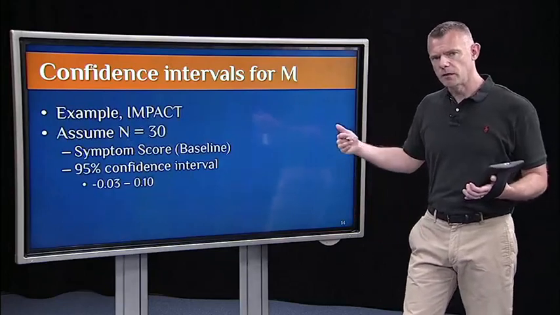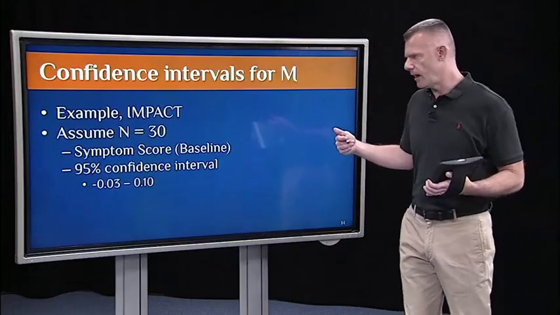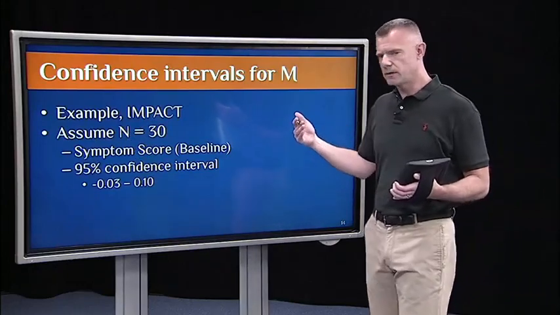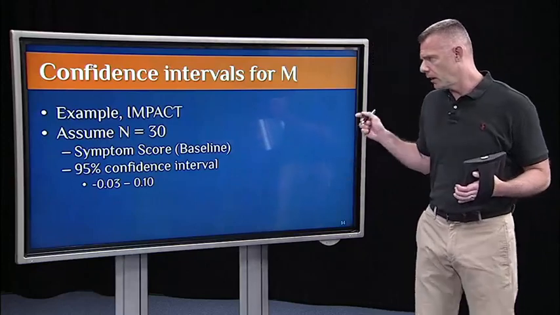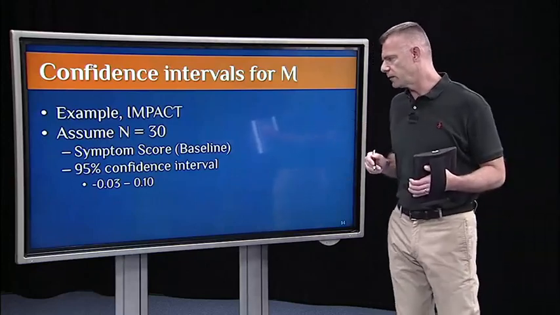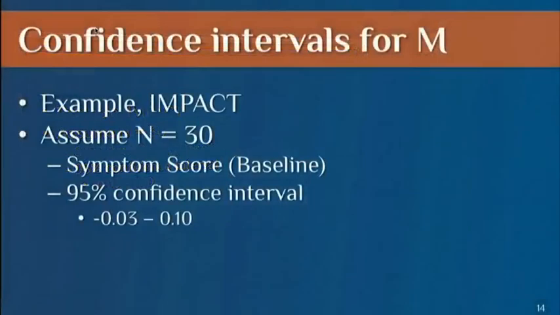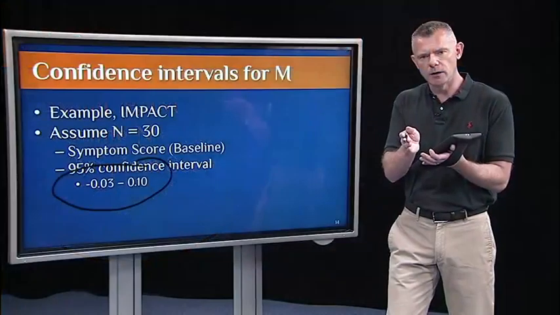So I ran this in R, and you'll be doing this in lab. So with the sample size of 30 and using symptom score as my variable, the 95% confidence interval at baseline was negative 0.03 to just 0.1. So right around 0.